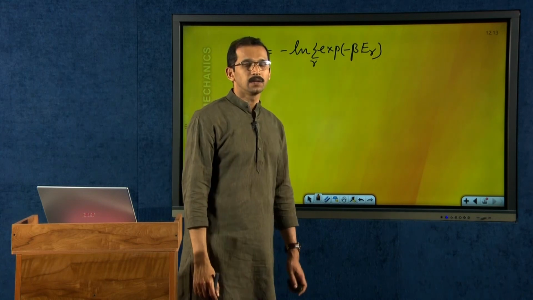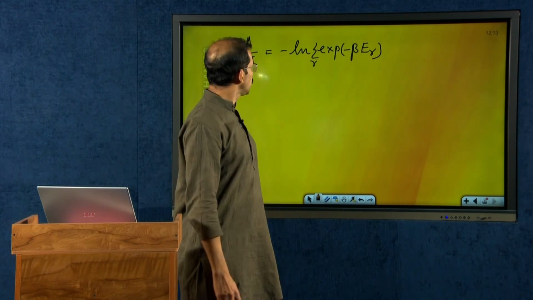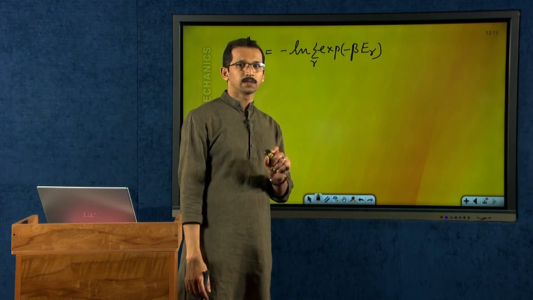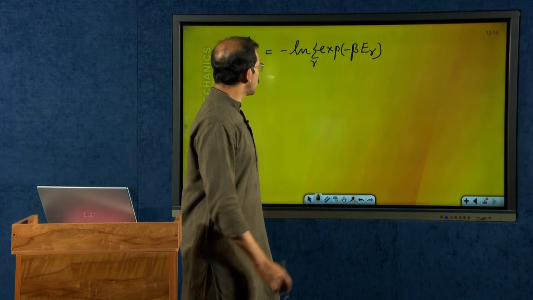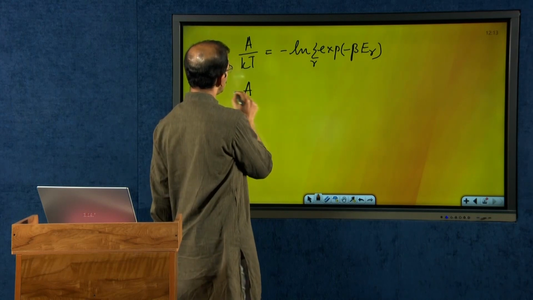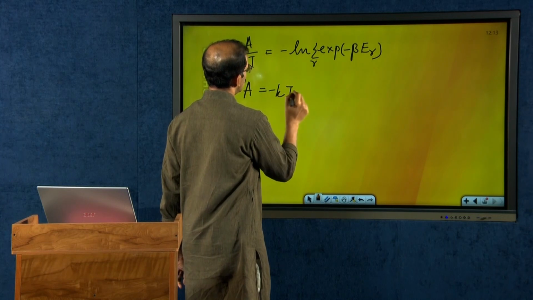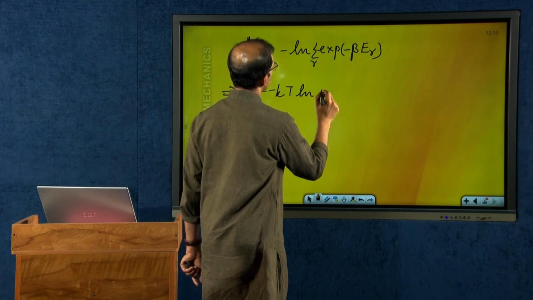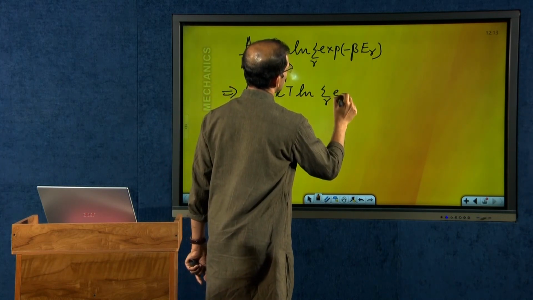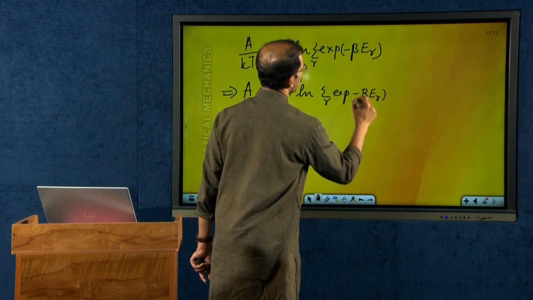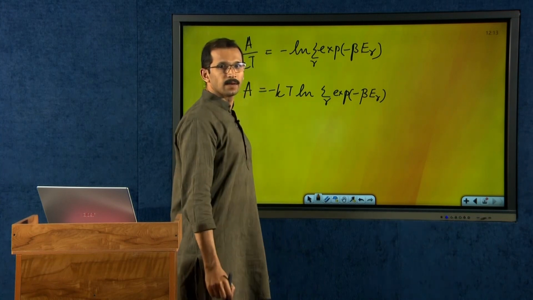A by kT is equal to minus ln sum over R exponential minus beta E_R, or otherwise A is equal to minus kT ln sum over R exponential minus beta E_R, right.